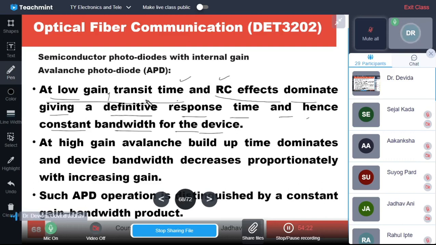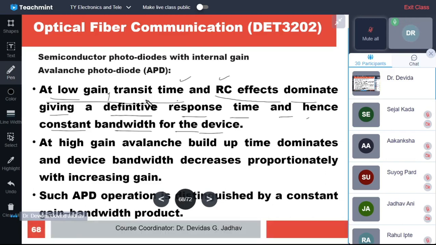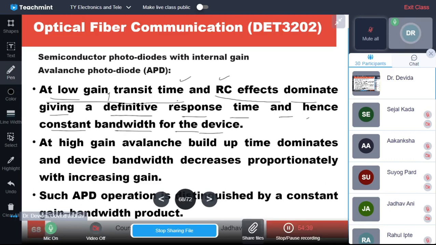Response time depends mainly on transit time and RC effect. They decide the response time, and in that case the constant bandwidth of the device is achieved. Whatever bandwidth is achieved, it is constant. This is at low gain.